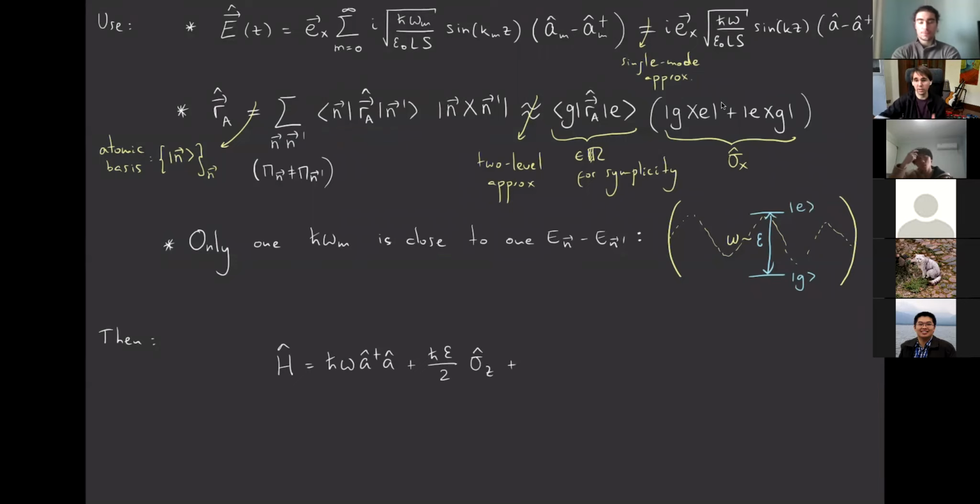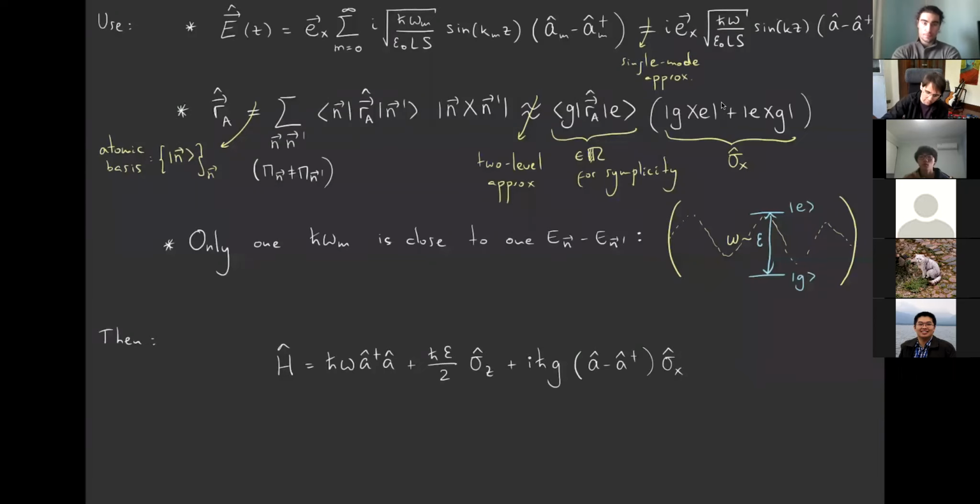And then we have the interaction, which can be written just as i ħ g. The i comes from this i factor in the electric field. And then we have the multiplication of the electric field, which is A minus A dagger, times the atomic coordinate, which is sigma x.